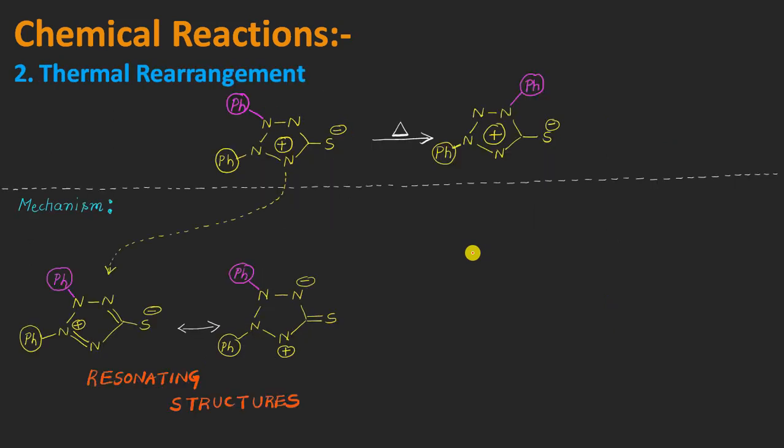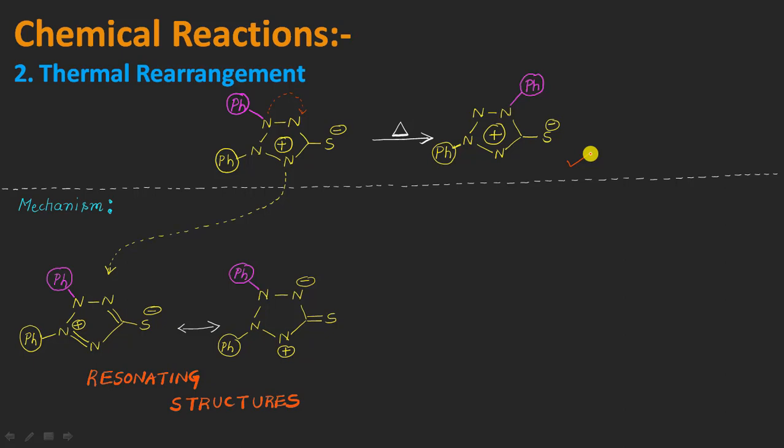And now you can see here the second important chemical reaction for this mesoionic molecule. It is the thermal rearrangement, in which you will see that the phenyl group or the R group here is shifting from this nitrogen atom to this one here, as if you have a look on this product molecule, right?